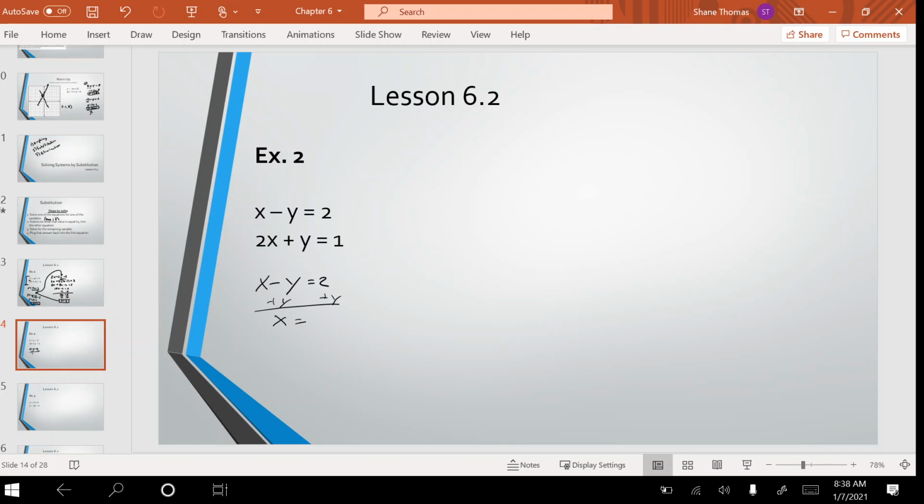I have x equals 2 plus y. Do I have a variable all by itself now? Yes, I do. Box that puppy up. Right, and that was from the first equation. So, from there, take the other equation, the one you haven't touched yet, which is your 2x plus y equals 1.